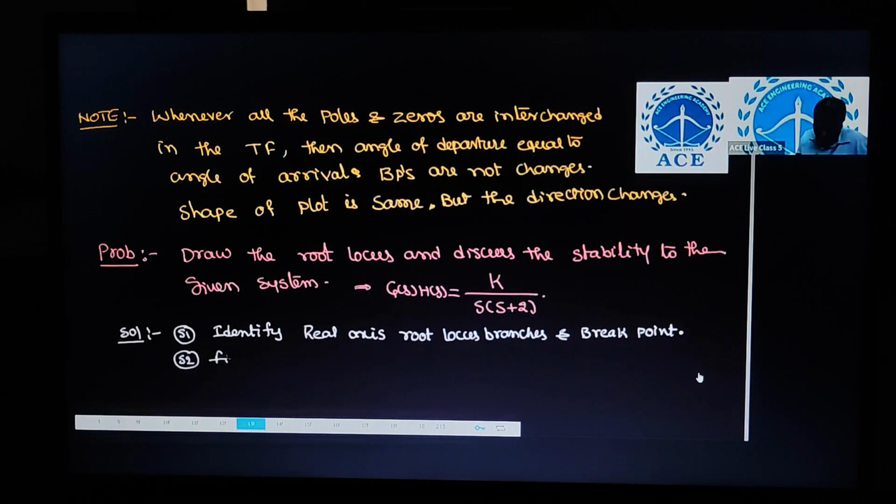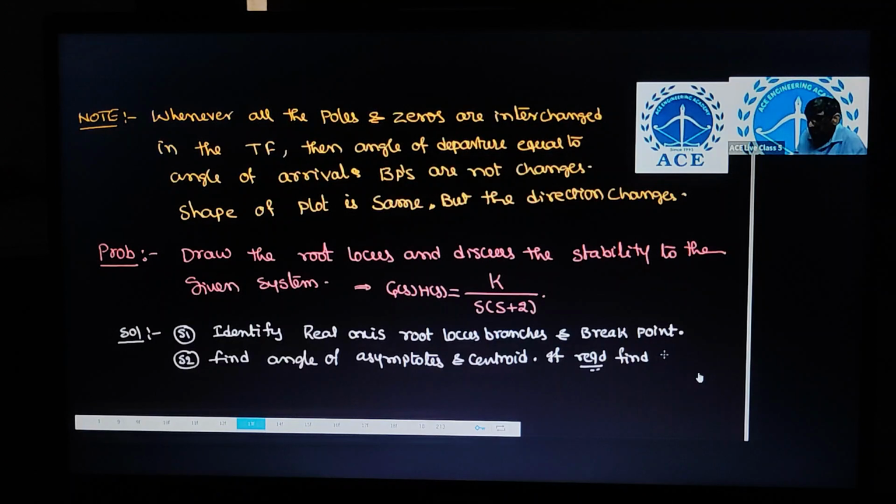Step 2: find the angle of asymptotes and centroid. If required, find the angle of departure and arrival.